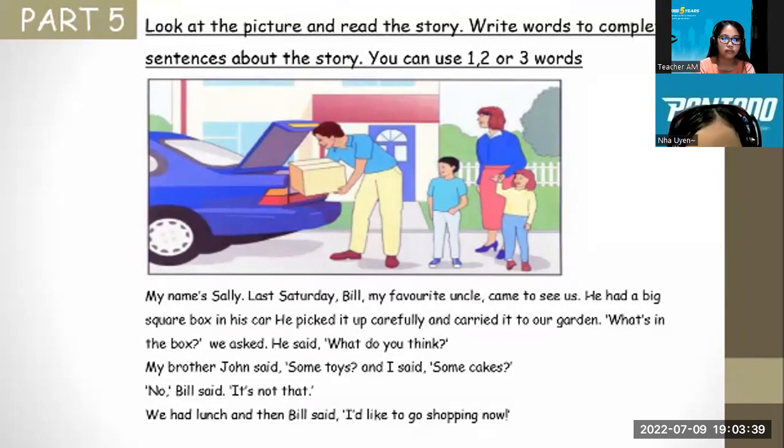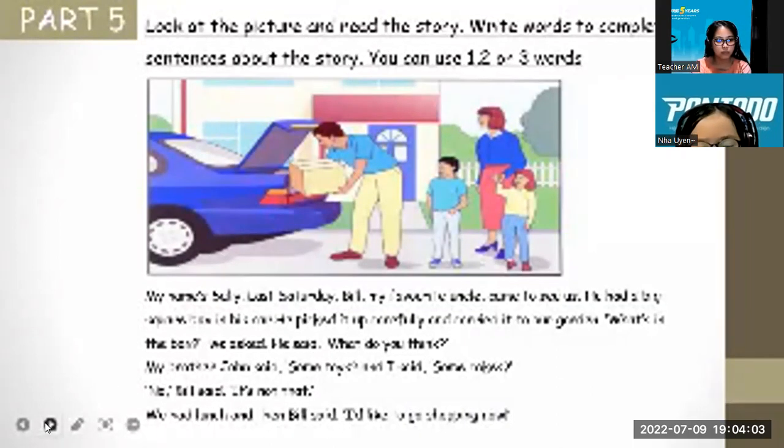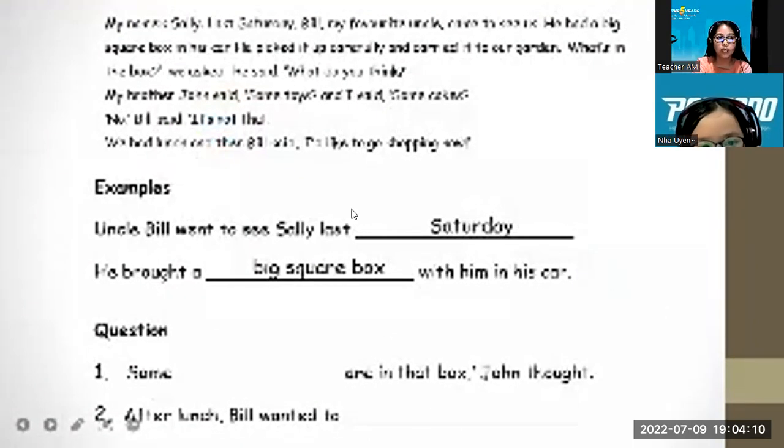He said, "What do you think?" My brother John said, "Some cakes." No, Bill said, "It's not that." We had lunch, and then Bill said, "I'd like to go shopping now."